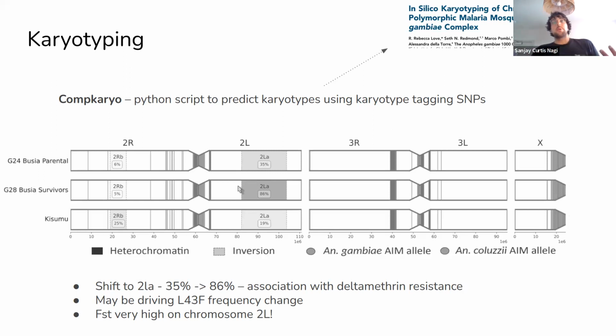That's interesting because it suggests there may be an association with deltamethrin resistance. And actually, an association with deltamethrin resistance has already been found in Uganda in the past as well. So again, this is another nice result, confirming what we've previously found. I mentioned FST was very high around the inversion.